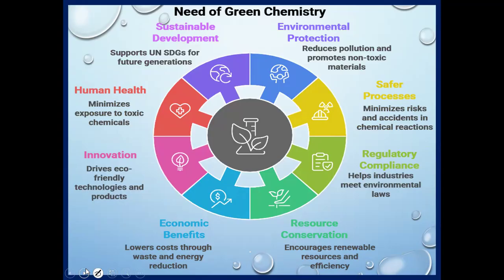So now the question comes to our mind: why is there a need for green chemistry? There are various parameters due to which green chemistry is needed, which include sustainable development, because the green chemistry concept supports the UN sustainable development goals for future generations. So it is very useful. Environmental protection: green chemistry focuses on reduction of pollution and promotes non-toxic materials, safer processes, and minimization of risk and accidents in chemical reactions.